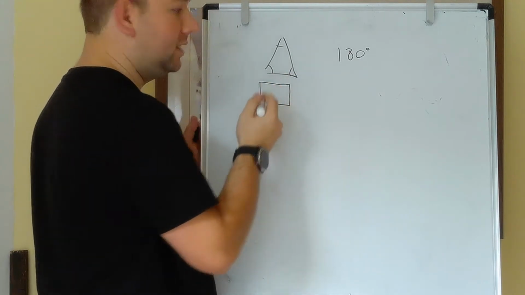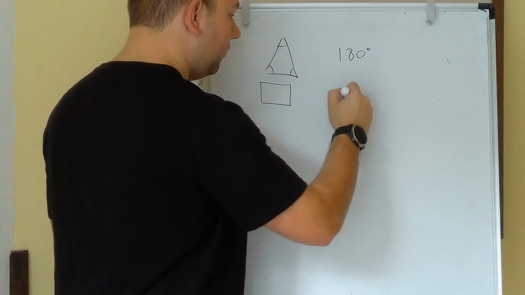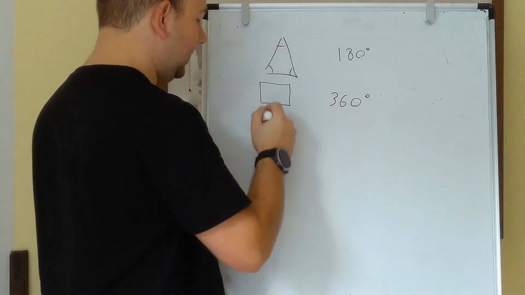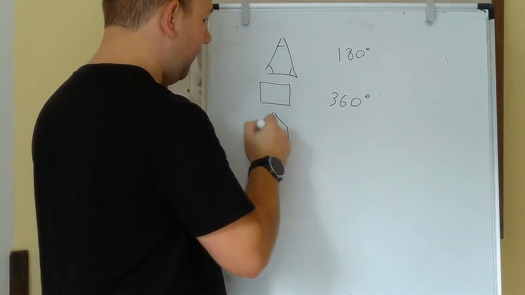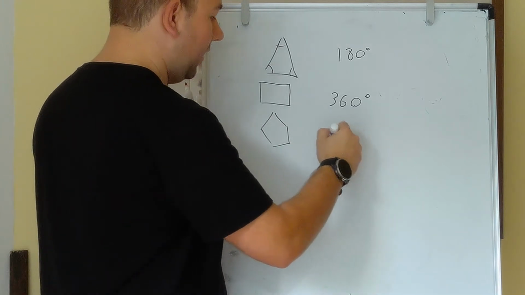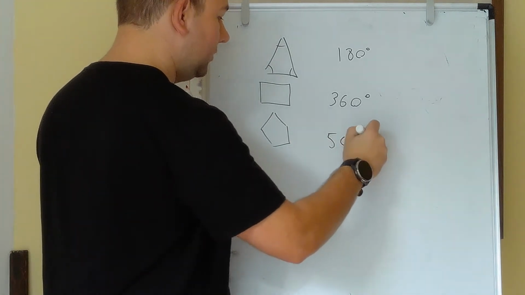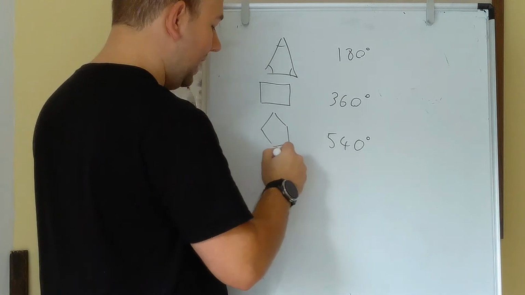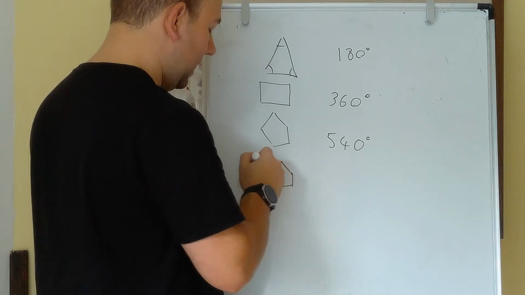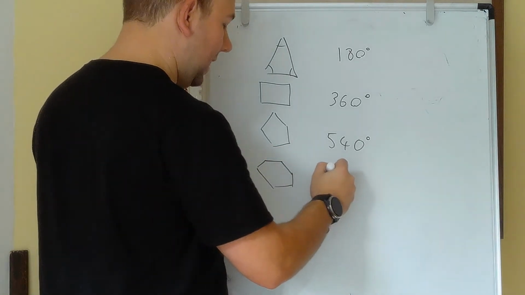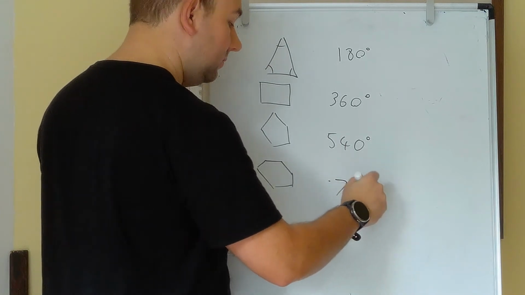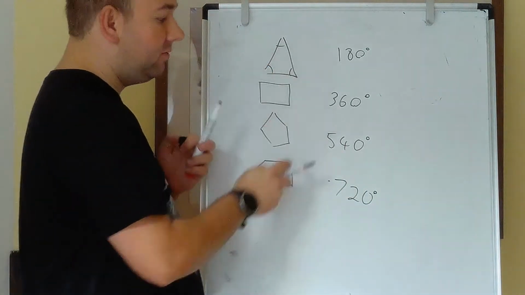A quadrangle, such as a square, has 360 degrees. The pentagon had 540 degrees. The hexagon had 720 degrees. So is there a trend between these?